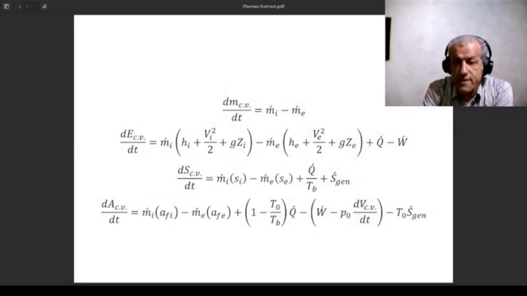There is no mass entering, no mass going out. The problem tells us that the process is reversible, so S dot gen is 0, and therefore the change of entropy inside our boundary would be a function of only this term, and these three terms would all be 0.